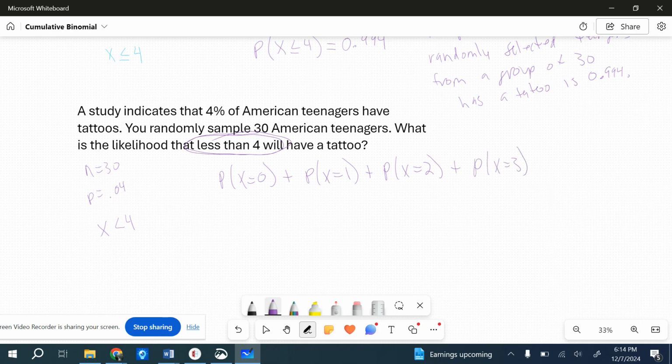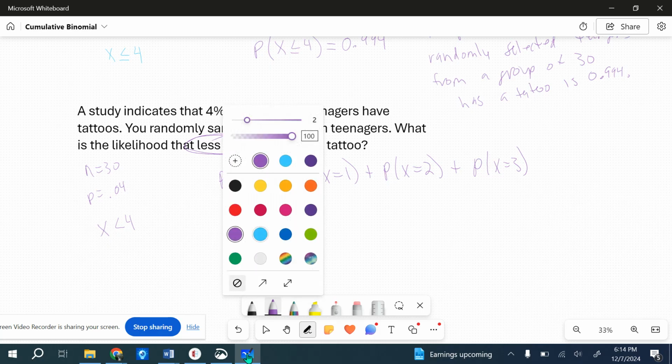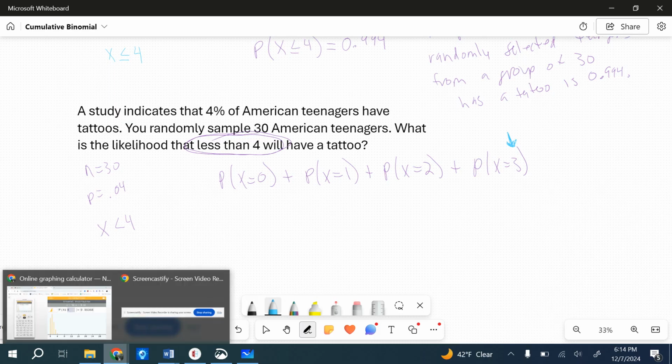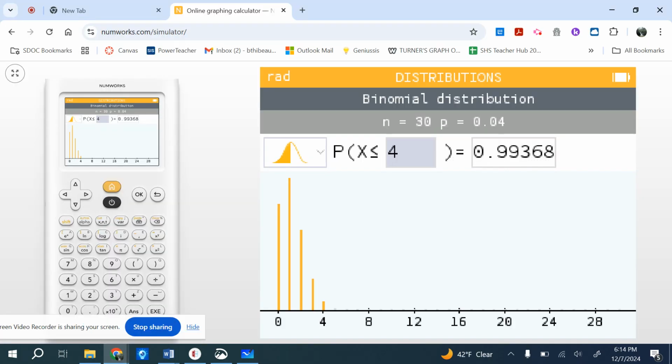So to indicate that in my calculator, notice how the last number that I wrote down was the 3, right? That's the highest that it went to. So when I go to my calculator, I need this number in here to be a 3 because the highest number it can be is 3. So I change that to 3 and hit enter.